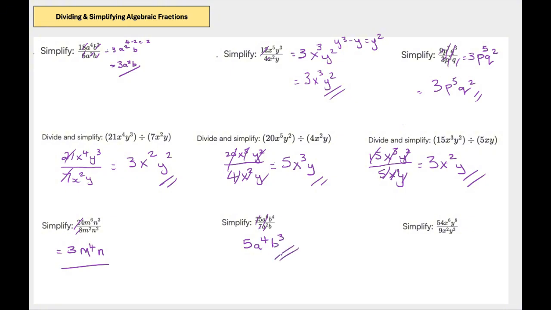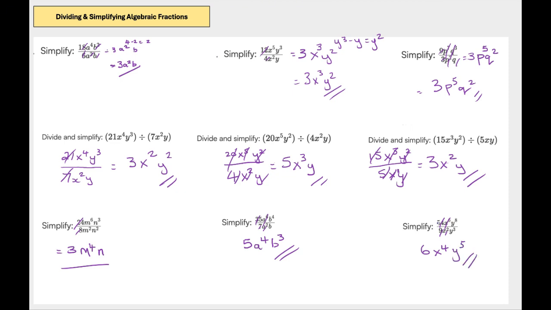And then the last one before you fall asleep is 9 into 54 goes 6 times. X to the power of 6 subtract x to the power of 2 is x to the power of 4. And then we have y to the power of 8, subtract y to the power of 3, which gives us y to the power of 5.